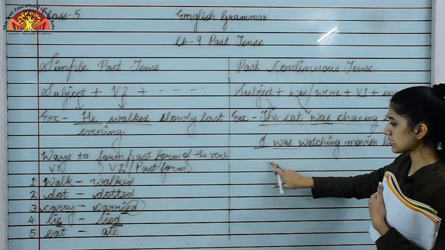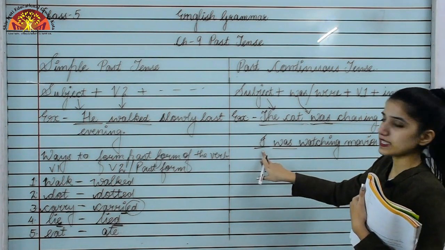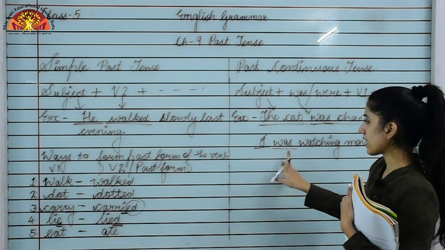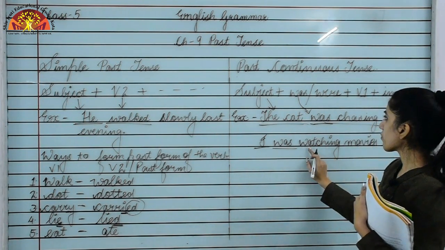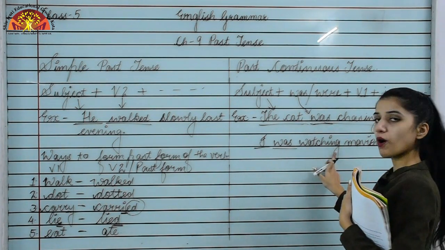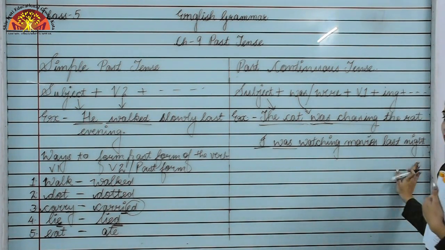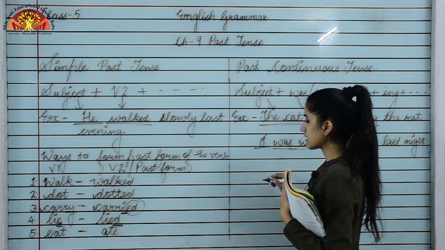The subject is I, followed by the helping verb was, because I is singular and that is why we have used was. Watch is the first form of the verb and then we have added ing, so this is the ing form of the verb, and it is continued by the rest of the sentence. Okay, so you can see it.